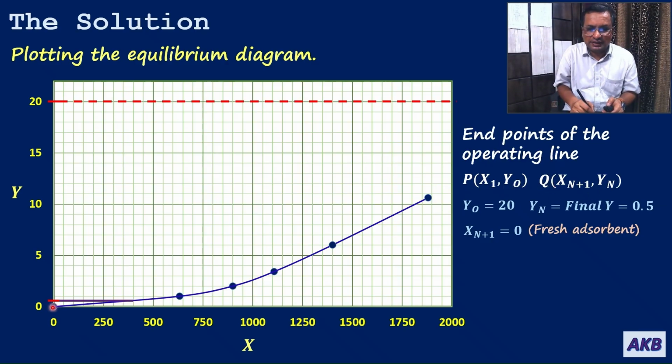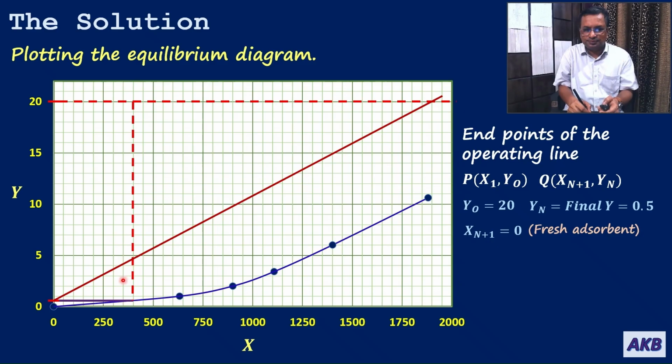The construction involves drawing a horizontal line till you meet the equilibrium curve, and once it meets the equilibrium curve, we will have to travel a vertical distance. And to what extent we have to travel vertically depends on the location of the operating line. Right now we don't know the location of the operating line. We are going to fix it by trial and error.